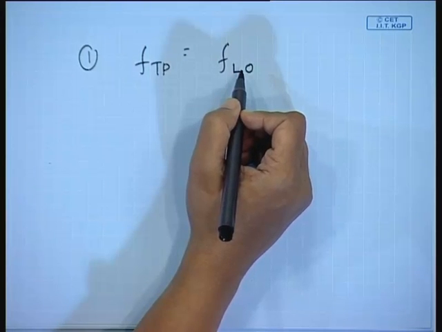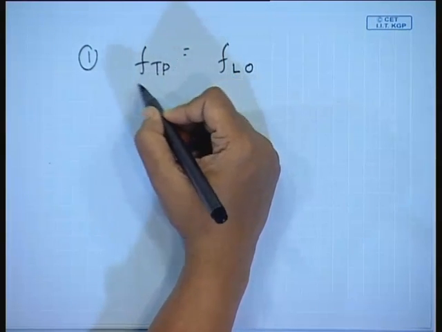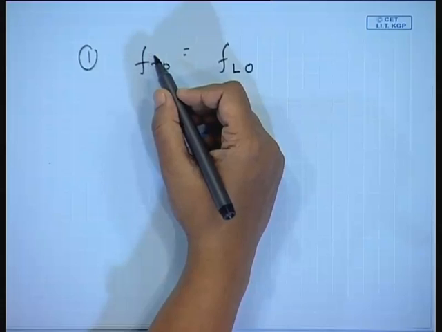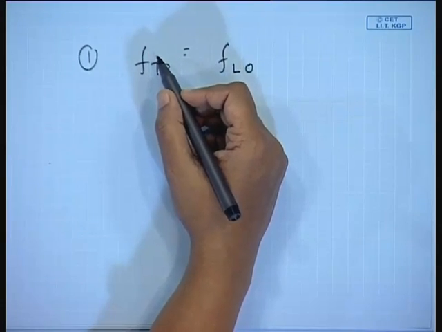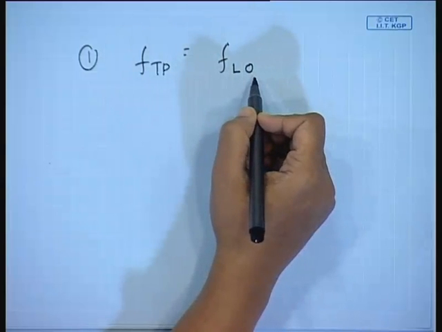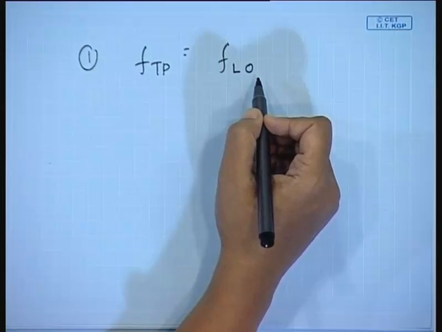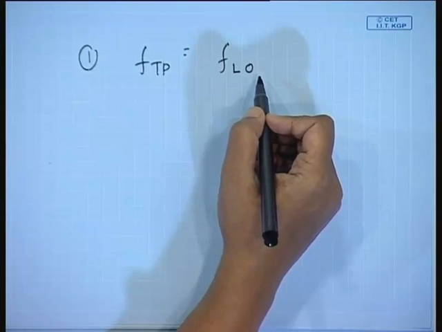Since the vapor quality is very low, we assume that the frictional pressure gradient arises primarily due to the flow of the liquid phase of the two phase mixture. So, under that circumstance we can assume that FTP is equal to FLO. LO means the liquid of the mixture is flowing alone in the pipe.